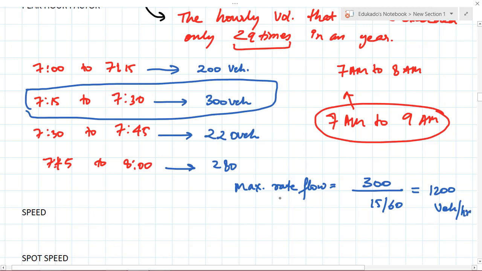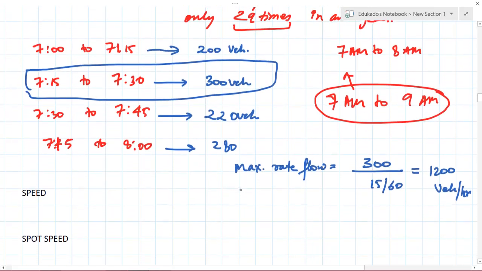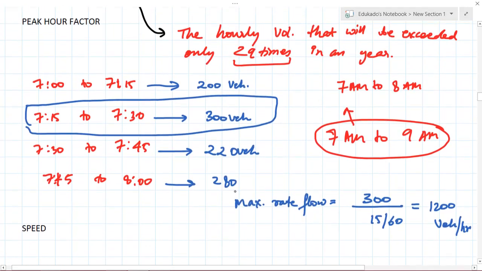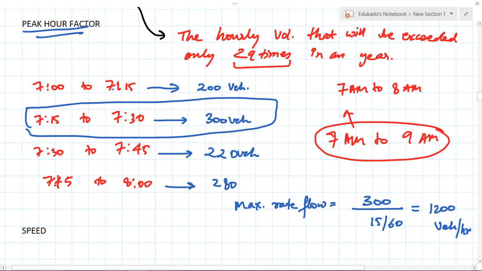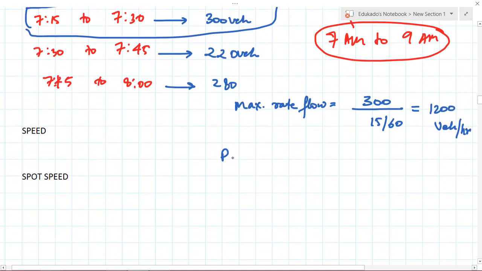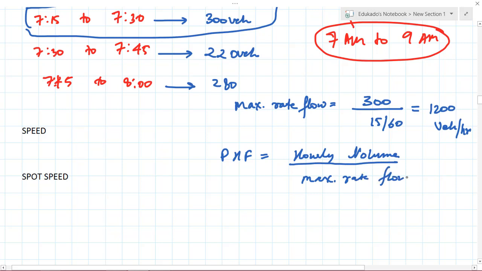This is known as the max rate flow. So they come up with a factor known as the peak hour factor, which equals the hourly volume, that is, the total number of vehicles passing by over an hour, divided by the max rate flow.